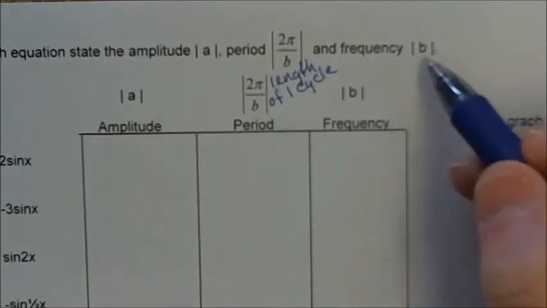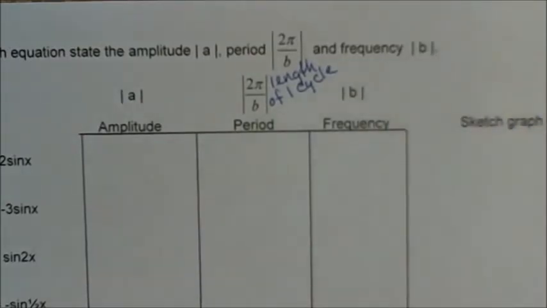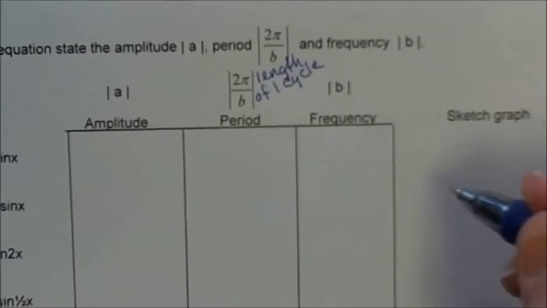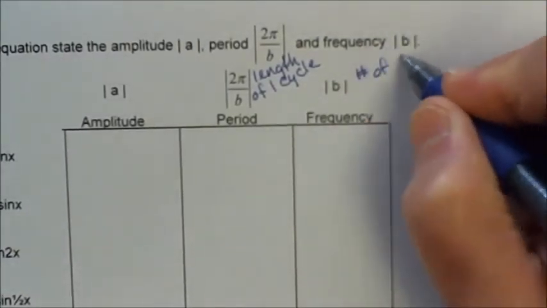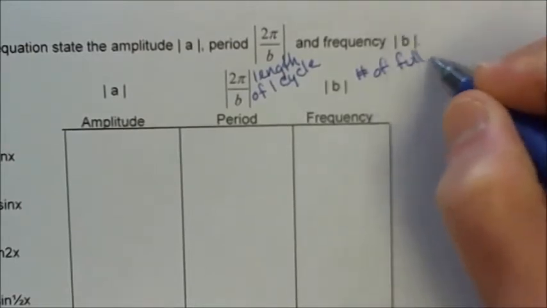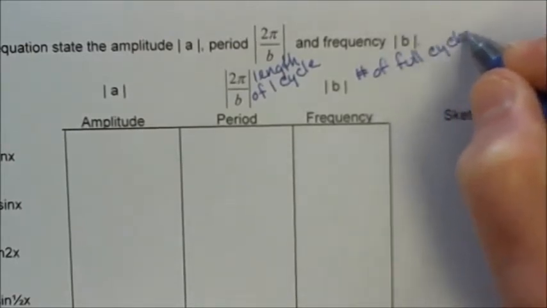And the frequency. Now, what does the frequency, the absolute value of b, tell you? That tells you the number of full cycles from 0 to 2 pi.